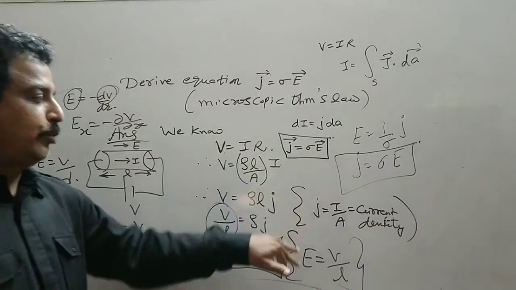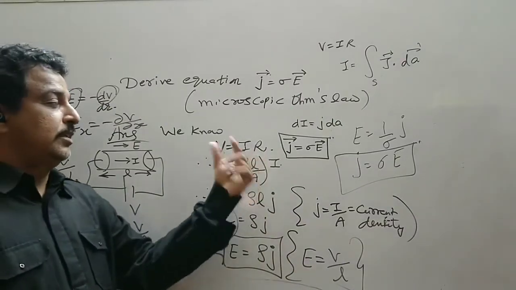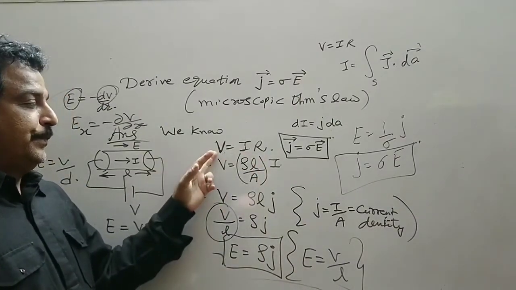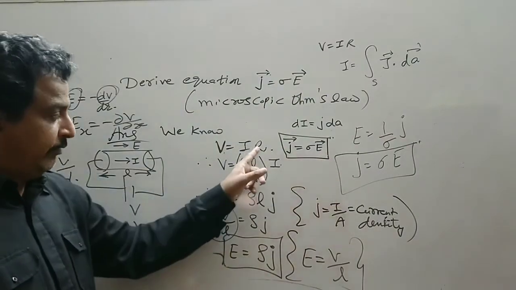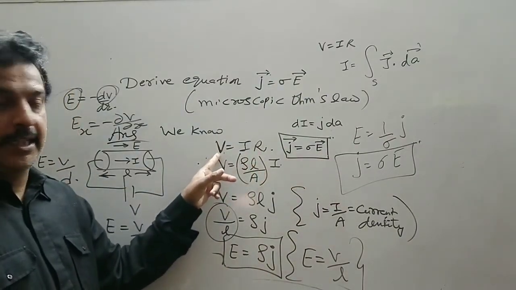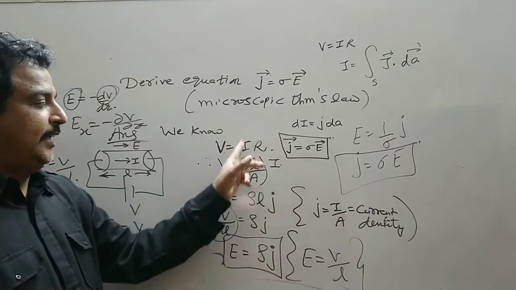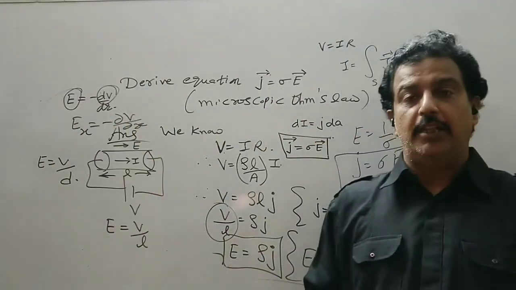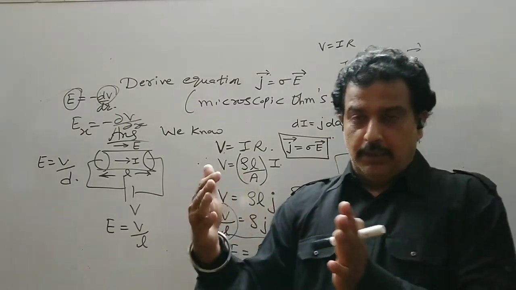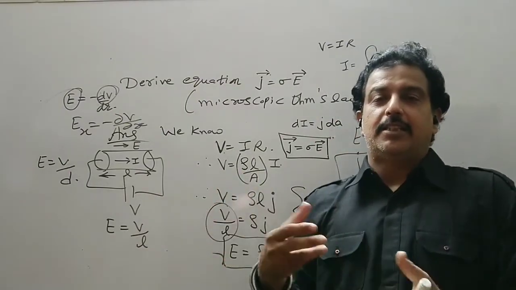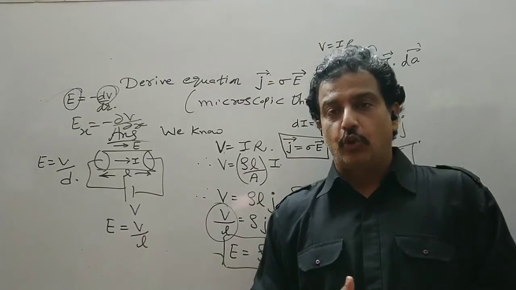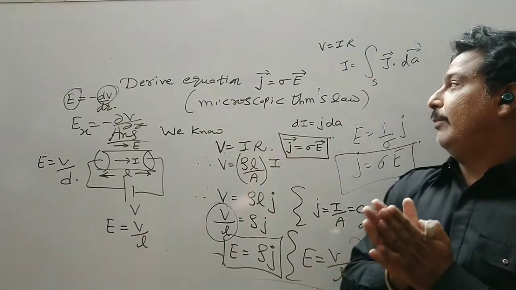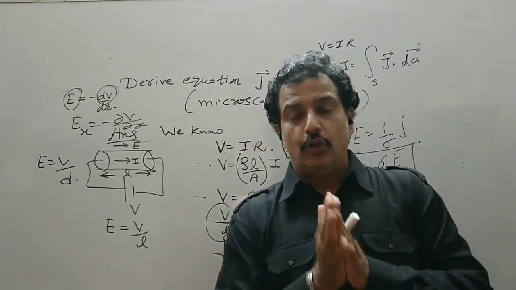Now you see, instead of V, we have E. Then 1 upon R was conductance, so we have conductivity. I has a relation with J, V has a relation with E, and resistance has a relation with rho. So this is all about the microscopic Ohm's law.